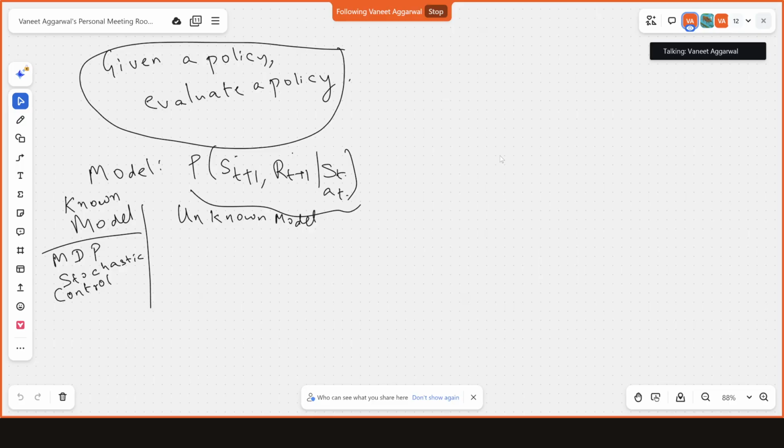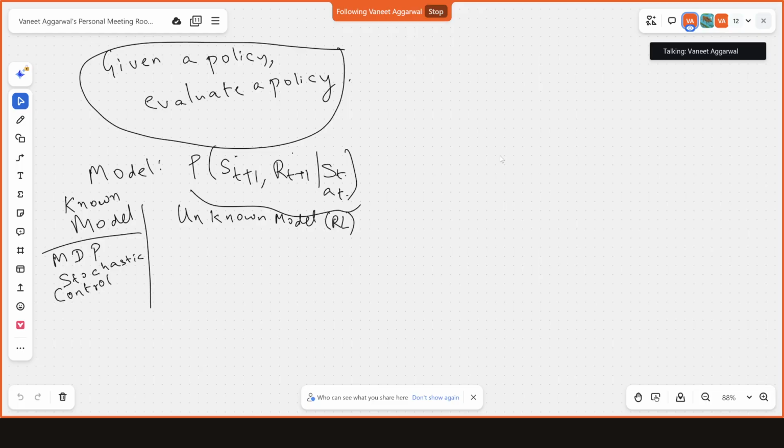And this is how most processes actually go. You do not know the transition probability, but you take an action and then see what the next state is. That does not give you the entire probability, it just gives us one sample. So the unknown model is what we typically call reinforcement learning.